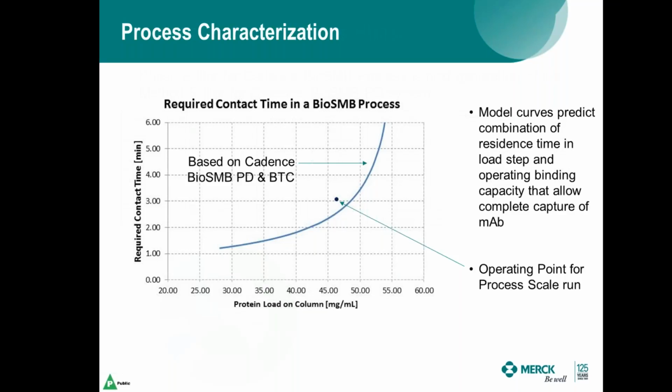So you can operate anywhere on this line and achieve a 99% capture of your protein. We chose to operate just above 46 milligrams per milliliter loading, giving us a residence time of about 3 minutes.